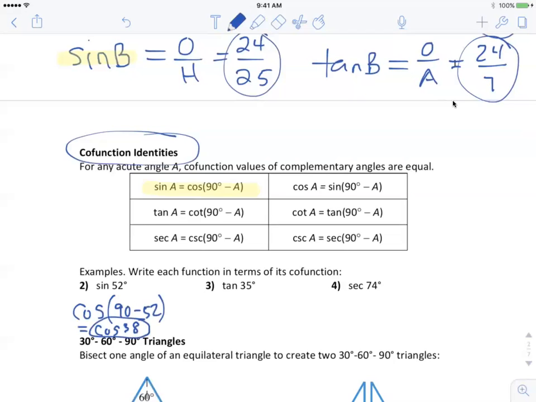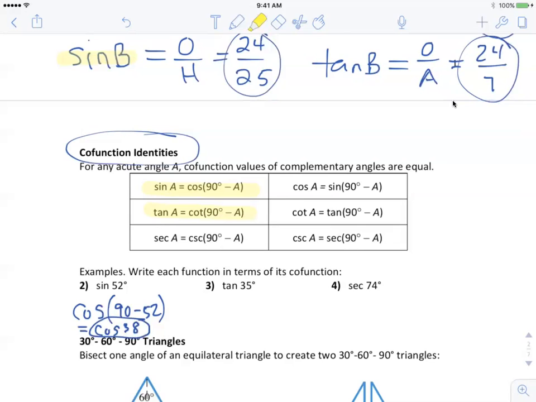For tangent, I would use that one, right? And it's the same formula. The cofunction for tangent is cotangent. The cool thing about the wording is that they're all in that same fashion, right? Sine, cosine, tangent, cotangent, secant, cosecant. It has the co in it.